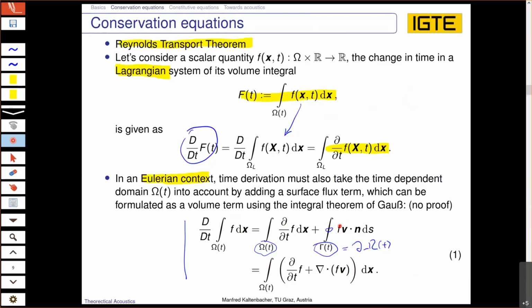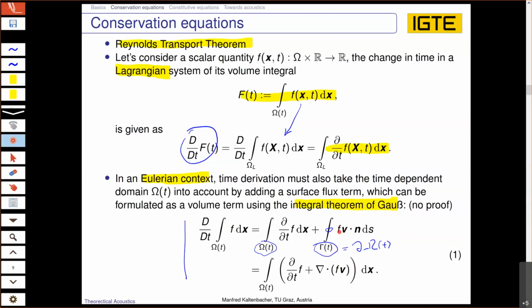And from here to here, we know that we can use the integral theorem of Gauss, which means that instead of this closed surface integral, we can rewrite it as a volume integral over the same volume omega, but we have to take the divergence of the integrand.